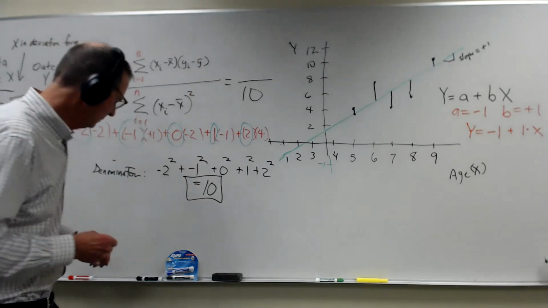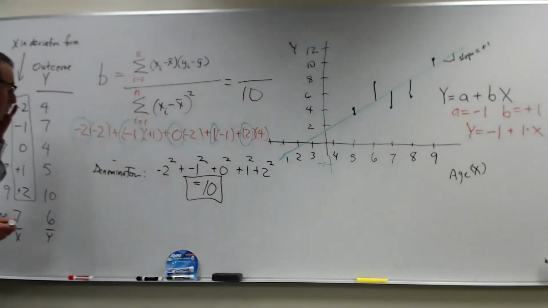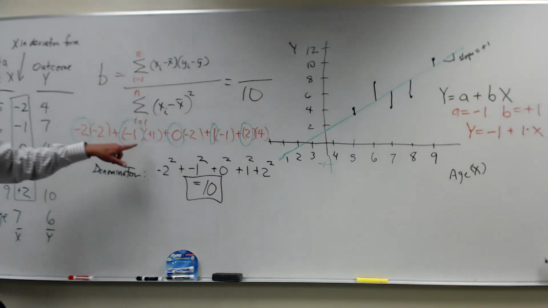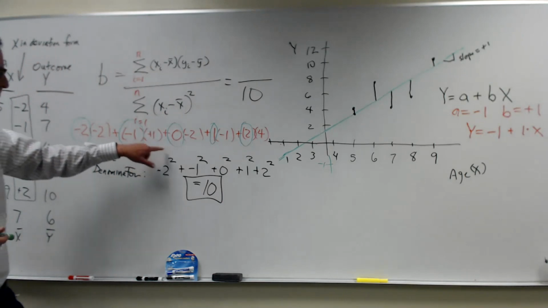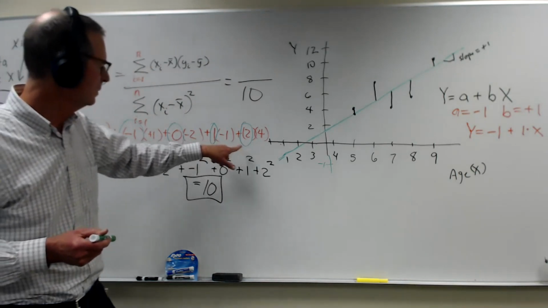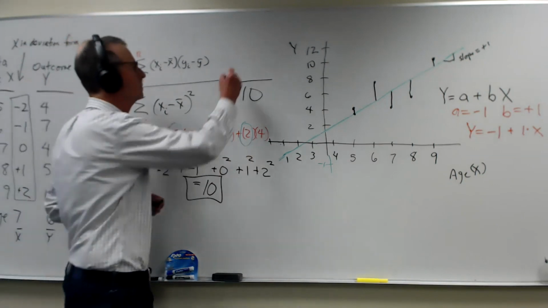And if you actually figure this out, you end up with 4 minus 1 is 3 plus 0 is 0. Minus 1 is 2 plus 8, right, is 10.